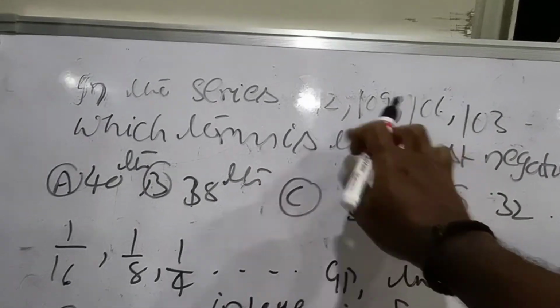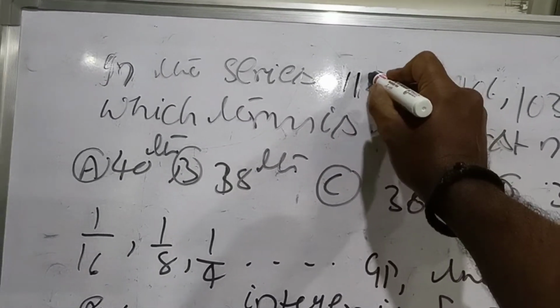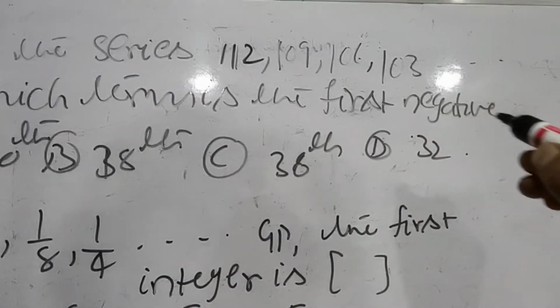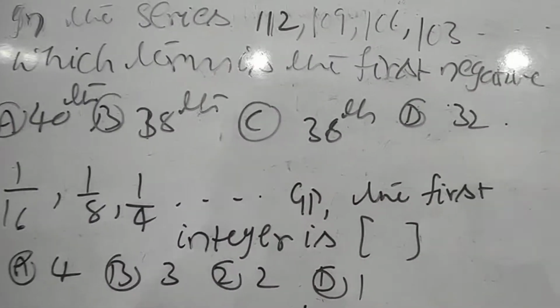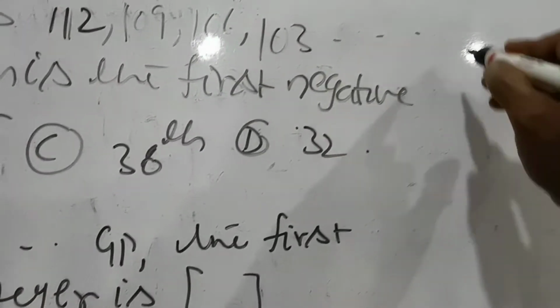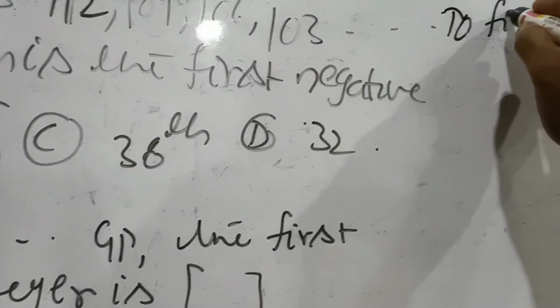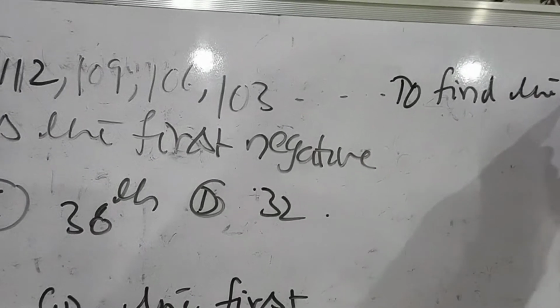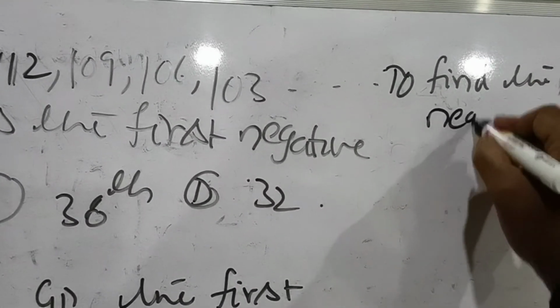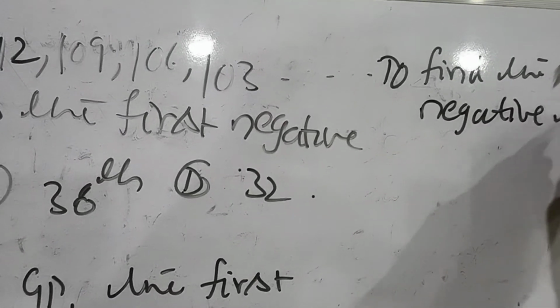In the series 112, 109, 106, 103 and so on, which term is the first negative? To find out the first negative term here, let the nth term be negative. That means the nth term is less than 0.